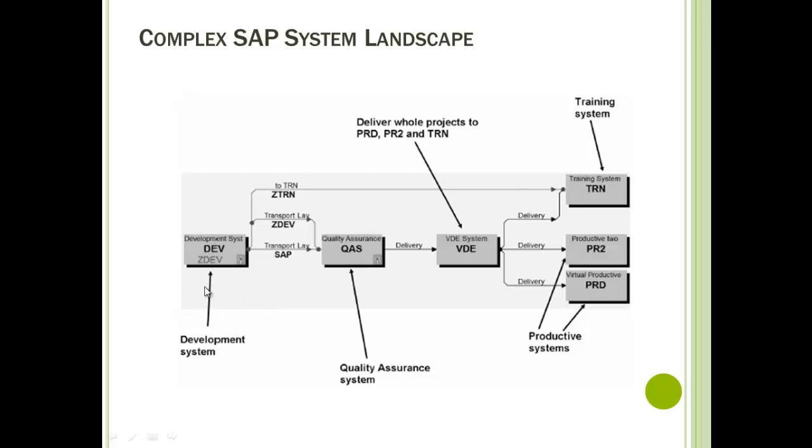However, for the repository changes, development should be done in one specific system, so that it will be transported to all the systems, so that the changes will be consistent in all the systems, and make sure that repository changes are transported to all systems. Customizing changes you can transport to individual systems, whether in the productive system you transport or don't transport. It's not a problem, because ABAP programs, if you get a little more into ABAP, have their own versions, so they need to be transported to all systems in order to keep them consistent.